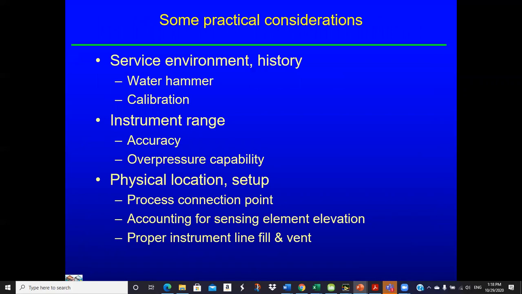Practical considerations, service environment history, water hammer, not good on pressure gauges. Calibration, do we ever calibrate them? Hopefully. A big plant will have a calibration department that goes out through the instrumentation. There'll be a little sticker on it saying when it was last calibrated and all that sort of thing.